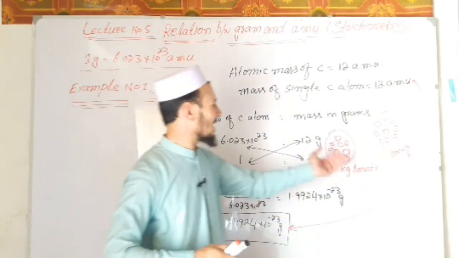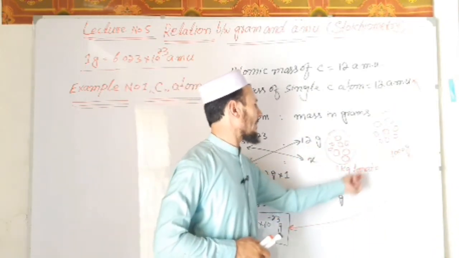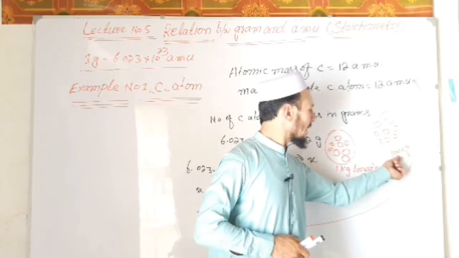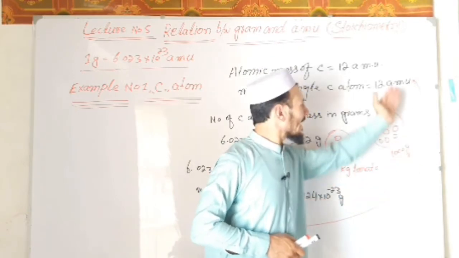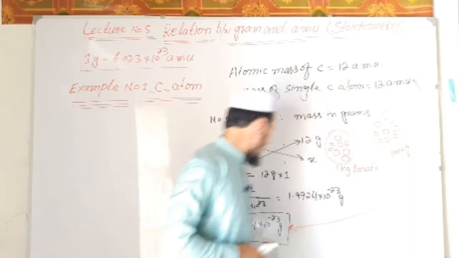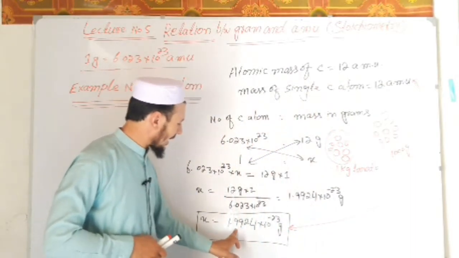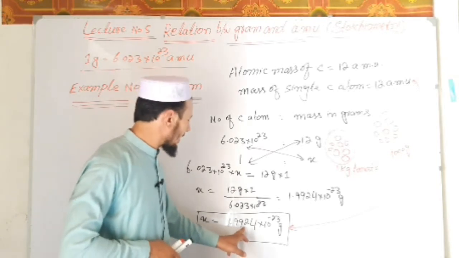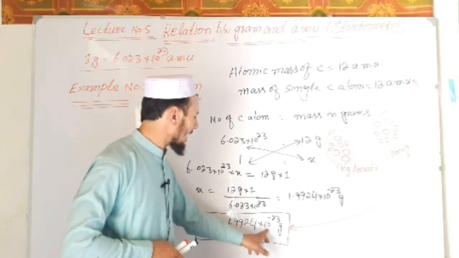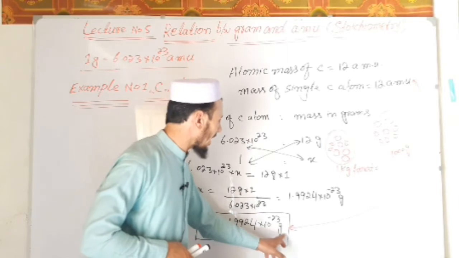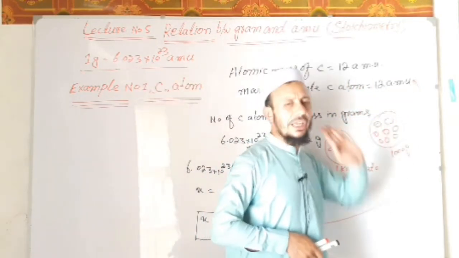Then what does it mean? It means that 1 kilogram is equal to 1000 gram. Similar is the case with a.m.u and gram: 1.9924 multiplied by 10 raised to the power of minus 23 gram is equal to 12 a.m.u.